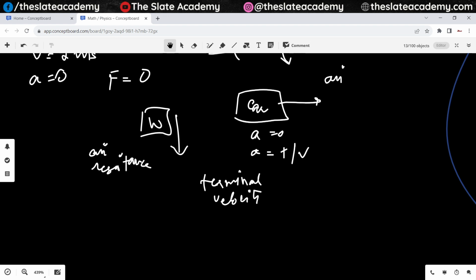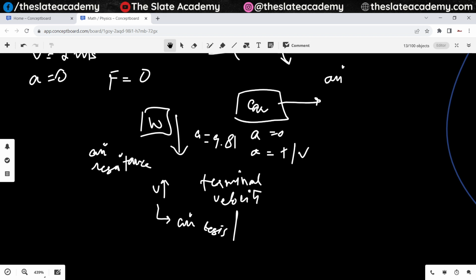Excellent. So for a falling body, initially acceleration would have a value of 9.81. But as the body accelerates, that means the body gains velocity. And as it gains velocity, air resistance also increases, right?